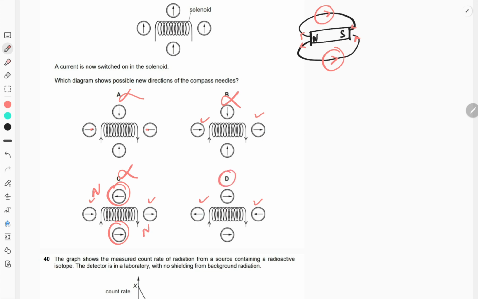So my only option becomes option D, which tells you that my magnetic fields are in this orientation. Okay, so even if you don't know the right hand grip rule, you can just use logic and solve this. At the center, you will have magnetic field lines pointing in the same direction. That's why B is out, C is out, only D is correct.